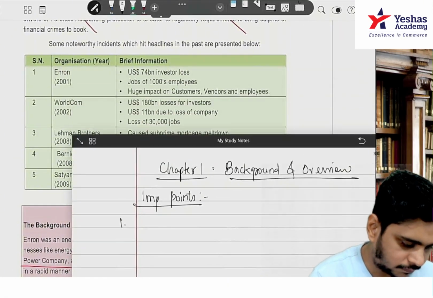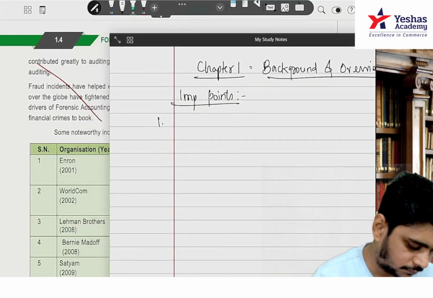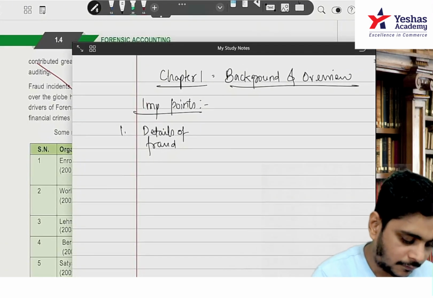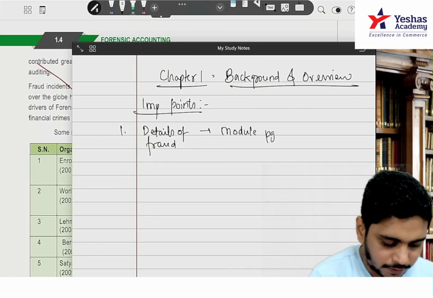Number 1: Details of fraud, module page 1.4.